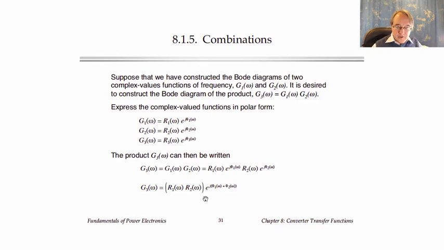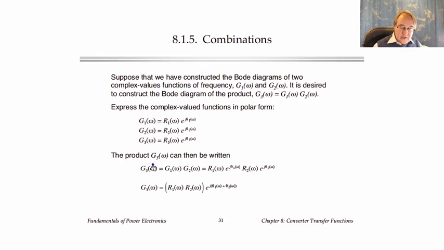And the simple rules can be seen or derived really by writing the expression for a complex number in polar form. So suppose we have a transfer function g1 and another one g2 and g3, and we express each of these in the polar form as some magnitude that's called r here times e to the j times theta, the phase.